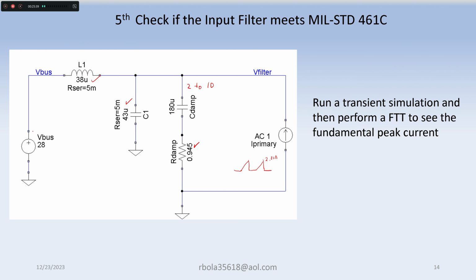What we're going to do is measure the current going through this, which is supposed to be the primary, and then we measure the current that goes through that voltage source. That will be your bus. And then you will take an FFT and see the fundamental and see if it meets the limit.